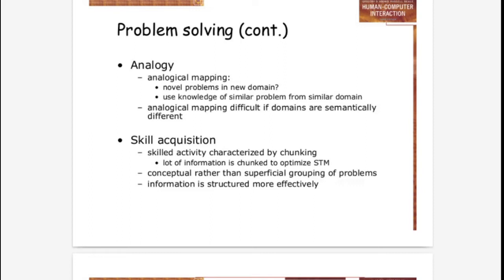Then the next theory is skill acquisition. Skilled activity is characterized by chunking. So there is lots of information, and the information is going to be chunked in order to optimize our short-term memory.